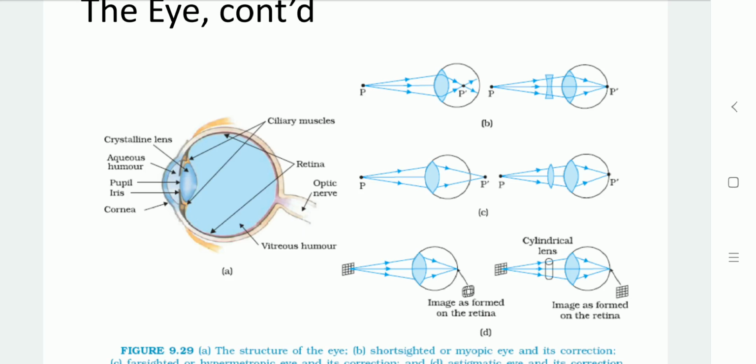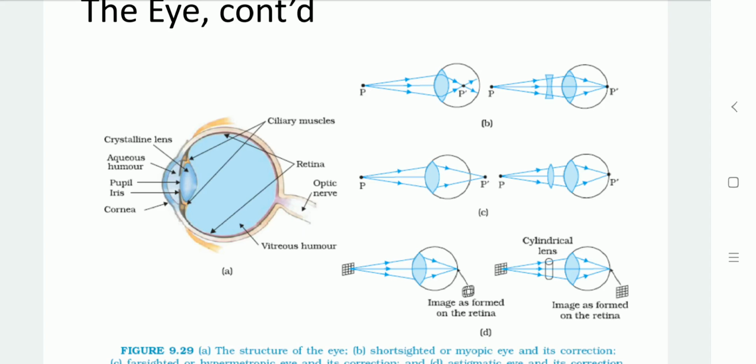With that diverging effect, the desired image can be focused onto the retina, as we can see in diagram B. Now, if the eye lens focuses the incoming light at a point behind the retina, then a convergent lens is required, and this defect is known as farsightedness or hypermetropia, as you can see in diagram C.